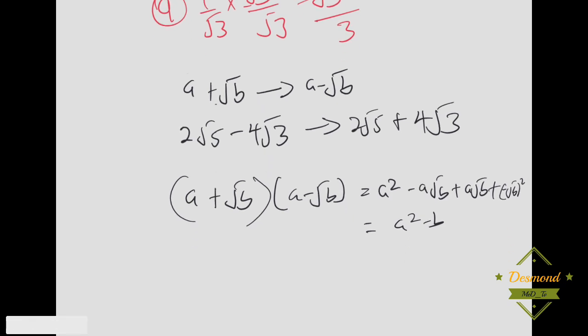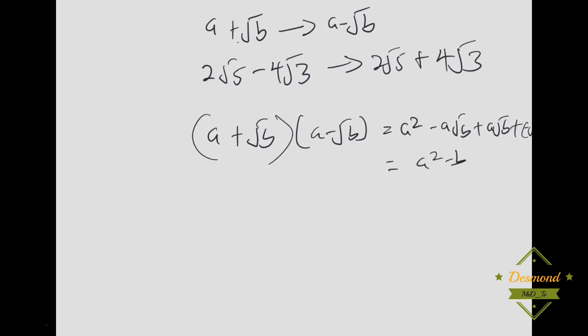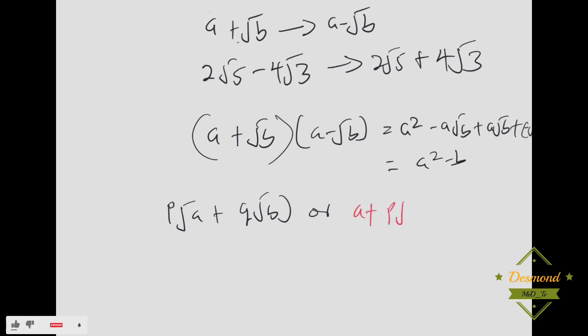One thing that you should also take notice of: when we are rationalizing a fraction whose denominator is of the form maybe P root A plus Q root B, or A plus P root B, it is always important to multiply both the numerator and the denominator by the conjugate of the denominator.